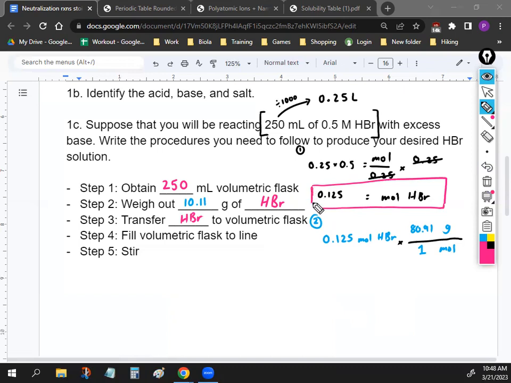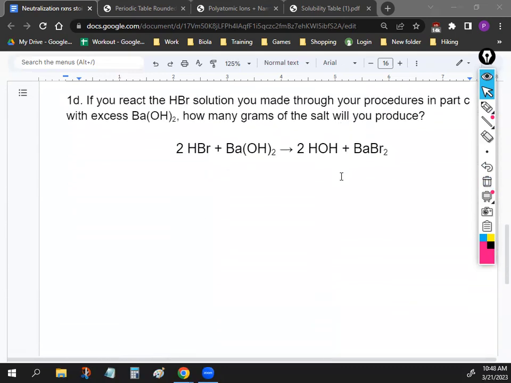Okay, so just put a box around this so that you remember that this number is important, 0.125 moles. Okay, because we can start the stoich with just this number right here. Okay, so that's my little hint for you guys. As you do your assignment, you can just start with your moles from part C. Okay, don't double up your work. All right, let's move on.